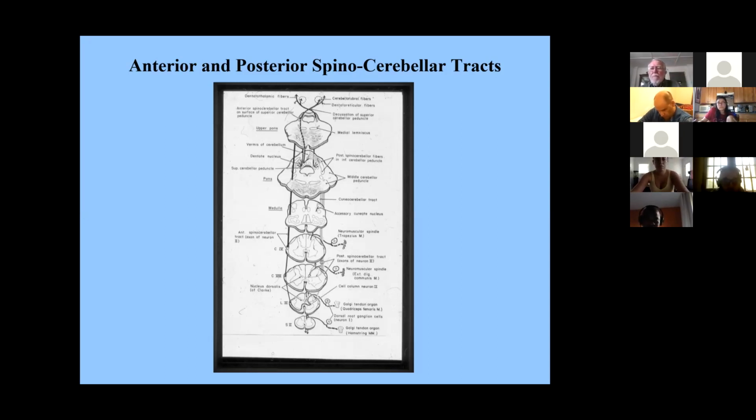In layer 1, it was the posterior marginal zone. Layer 2, you had the substantia gelatinosa. Laminae 3 and 4, you had the proper sensory nuclei. Then lamina 5, you had the medial and lateral reticular nuclei. And of course, a lot of that would cover spino-spinal communication with layer 1 through the zone of Lissauer.